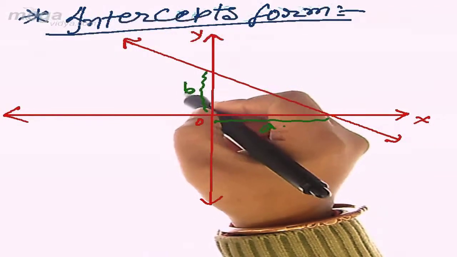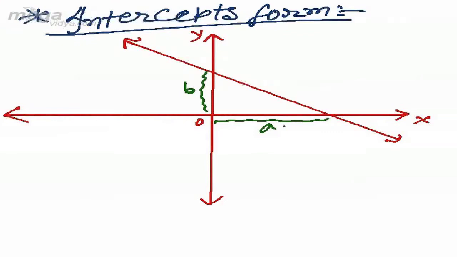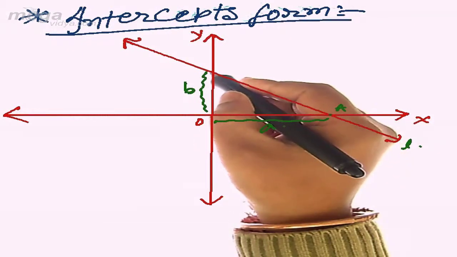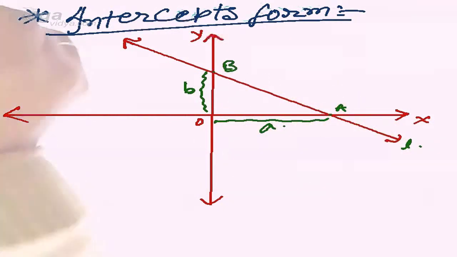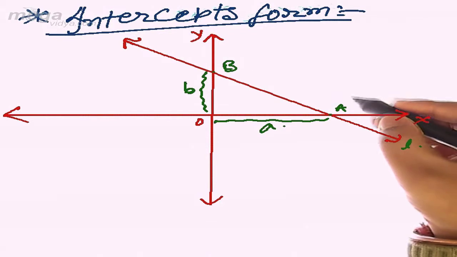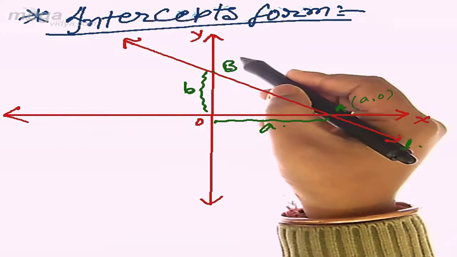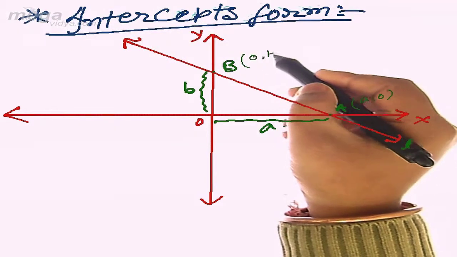Then what will be the equation of this line L? If we suppose this point is A and this point is B, then what will be the coordinates of A? You can write this is (a, 0) and this is (0, b).